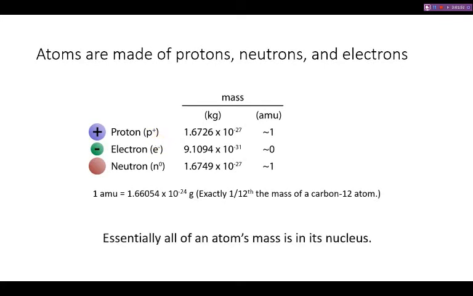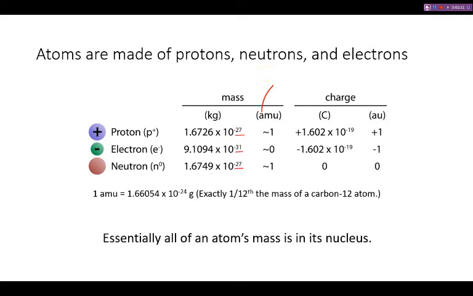also have different charges. So when we take a look at the masses, look at the difference in scale between protons, electrons, and neutrons. Protons and neutrons are on the same order of magnitude. They're essentially identical, and so they have the same mass.